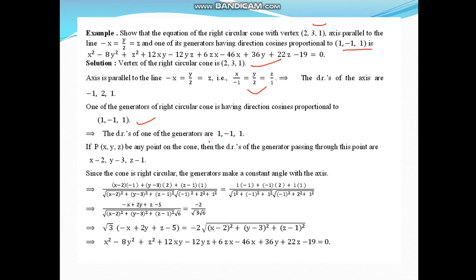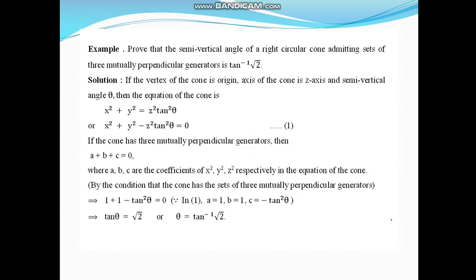So DRs of one of the generators will be 1, -1, 1. Let P(x, y, z) be any point on the cone. So we found DRs of generator. Again, cone is a right circular cone, so generator will make a constant angle with the axis. That implies, let us simplify, we'll get this result. On simplifying, we'll get equation of right circular cone.